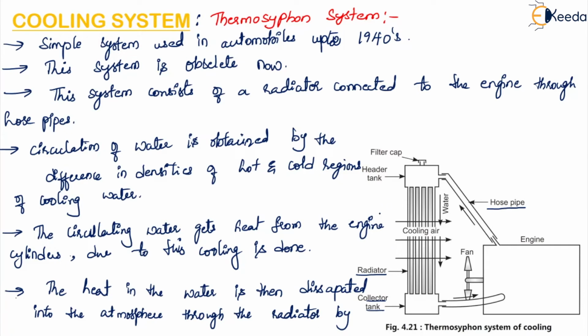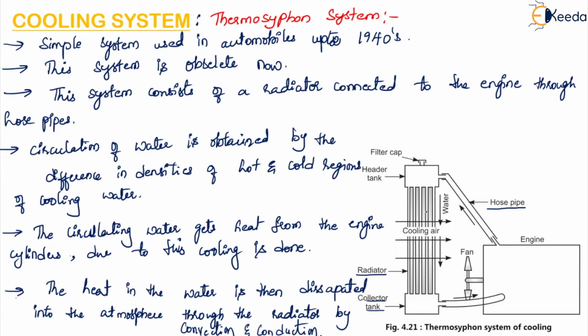So when the water which has collected heat from the engine flows into the radiator, this heat will be dissipated to the atmosphere through the radiator by convection and conduction. After it flows through the radiator and is cooled, it is collected in the collector tank.